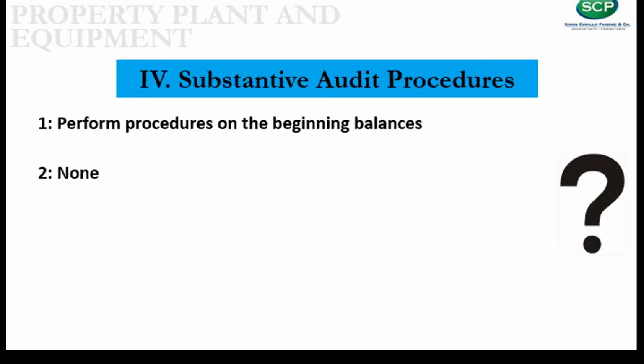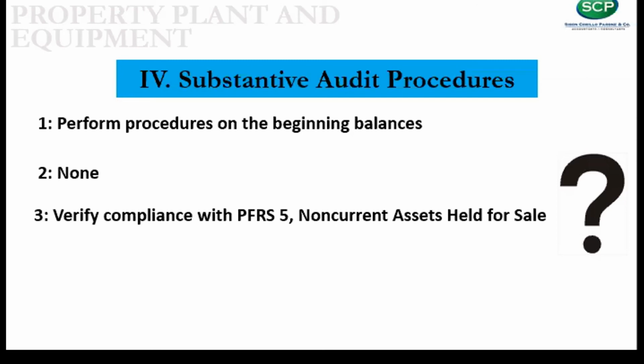The asset is being actively marketed for sale at a sales price that is reasonable relative to its fair value, and actions required to complete the plan indicate that it is unlikely that the plan will be significantly changed or withdrawn. It is therefore imperative that you can verify that the company complies with all these conditions before accepting that the reclassification entry being made by the client is correct.